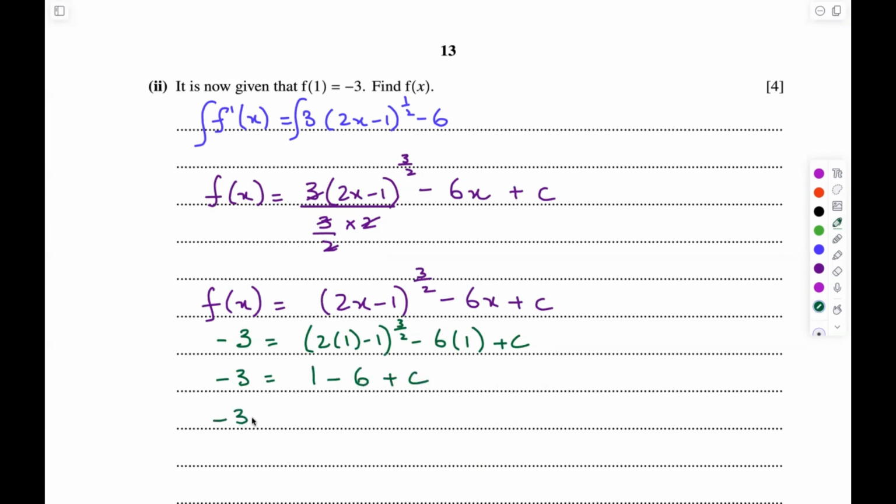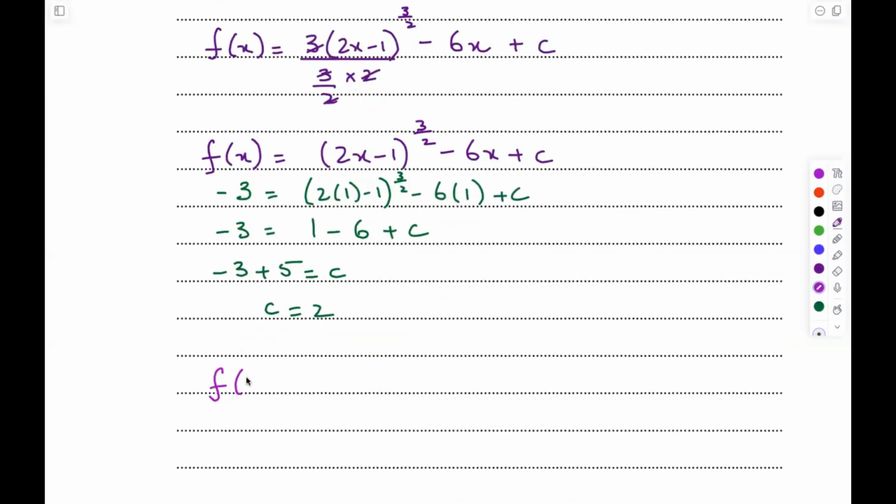This 1 minus 6 becomes minus 5. When you bring it on the left hand side, that will become plus 5 equals c. So c will be equal to positive 2. Once we have the value of c, f of x will be equal to (2x minus 1) to the power 3 upon 2 minus 6x plus 2.